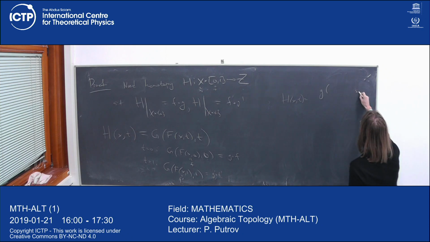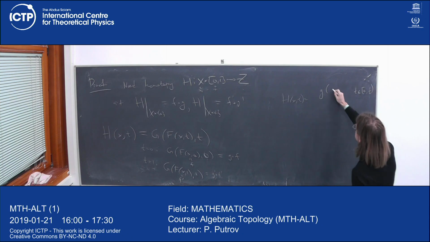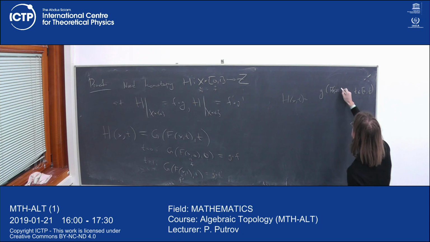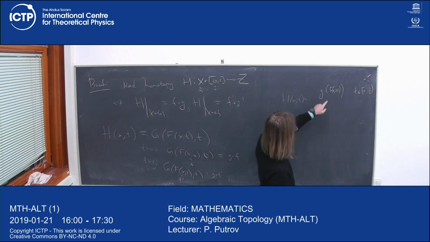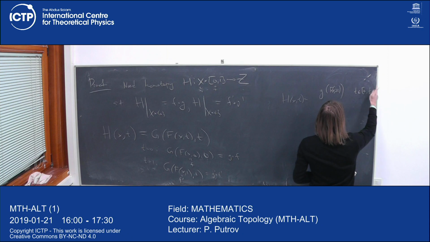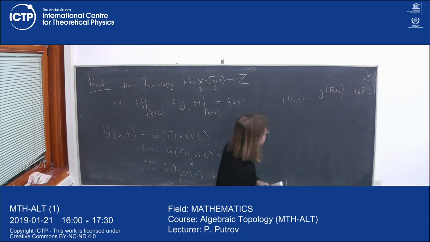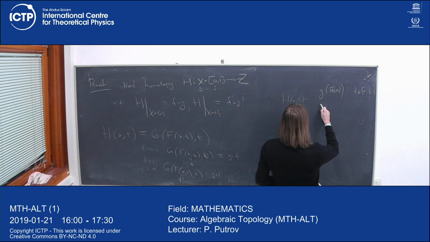We split the interval in two parts, from 0 to 1/2. And then we use here F of x, 2t. So here you see, first we only deform f, the first function, and then we do the following: g of f prime of x.